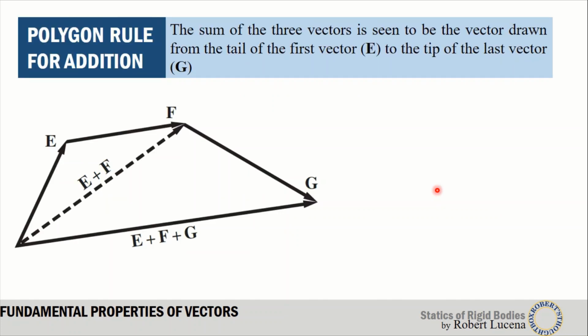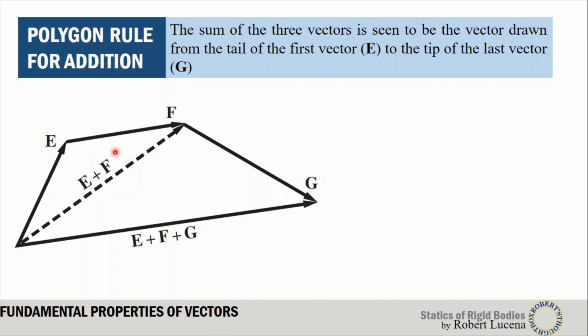So the polygon rule is applicable for adding two or more vectors. So we have E, F, and G here. We can start by adding first the two vectors E and F to form a separate vector EF.